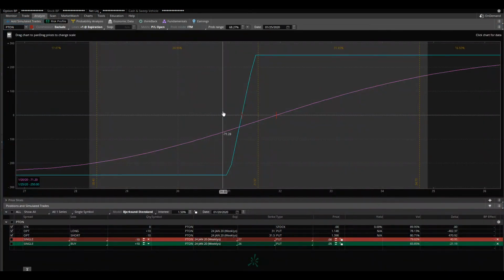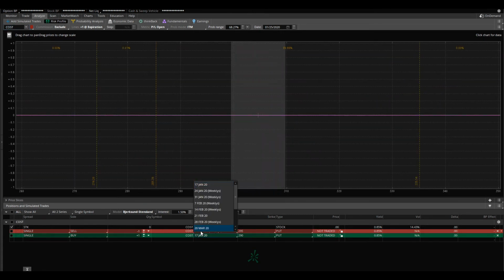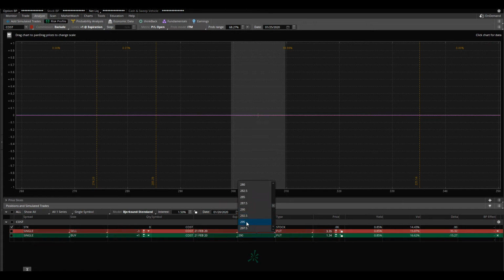So this Analyze tab in Thinkorswim is awesome for spreads. This can really help you find good trades. So we'll do, because Costco's on there, say you want to take a bet that Costco remains above 300.